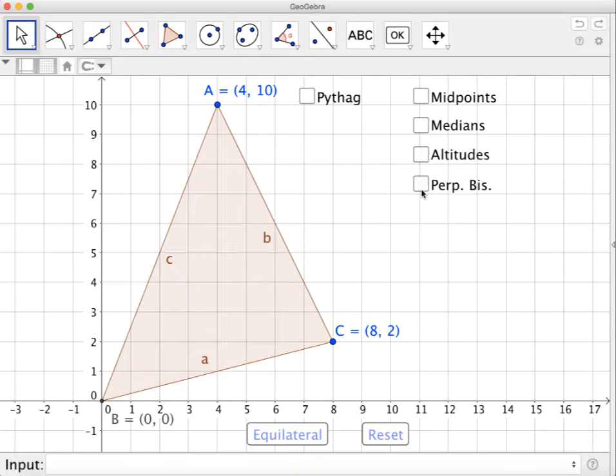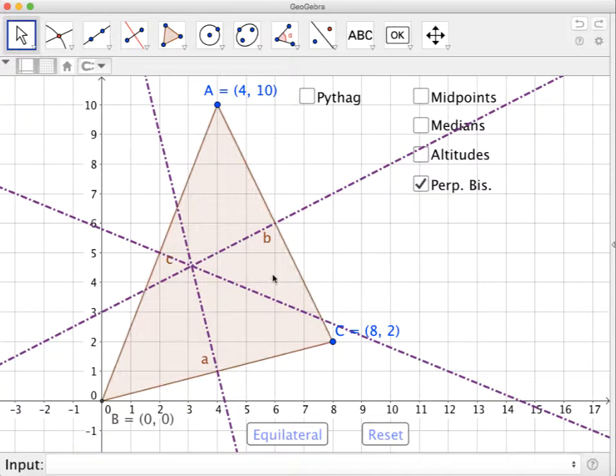When we look, however, at our perpendicular bisectors, the way those work is we find the midpoints of each of the three sides, and we draw the line that is perpendicular to that side but passes through the midpoint of the side. So we look at side AC here, and its midpoint is at E, and we draw the line that is perpendicular to AC but that passes through its midpoint at E here.